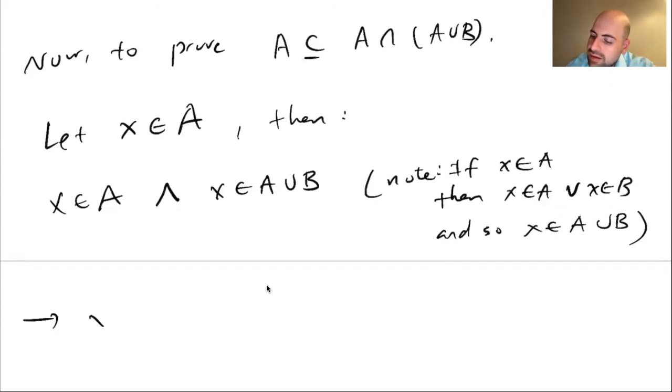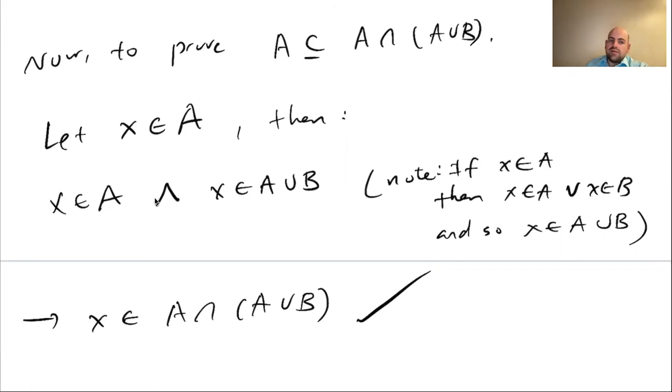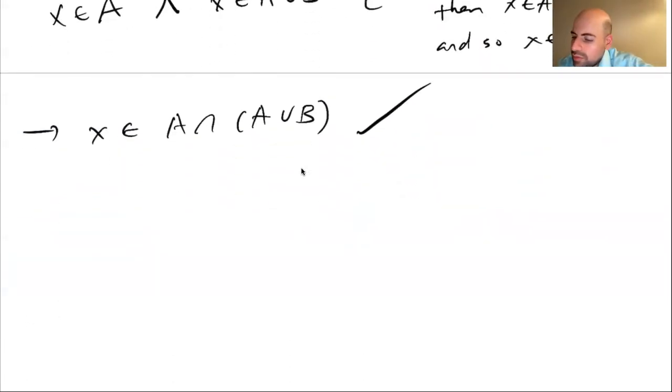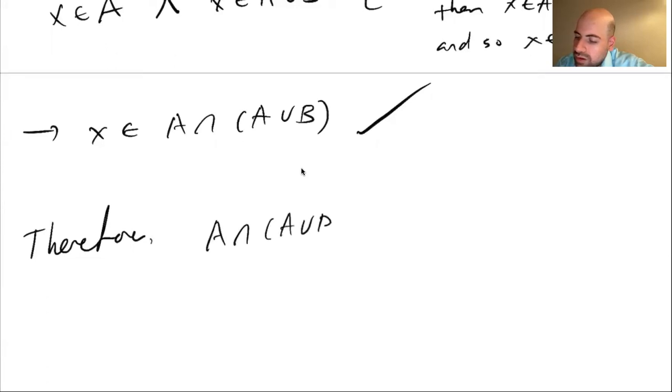And then that means X belongs to A intersection (A union B), because if this statement is true, X belongs to the intersection of this set and this set. Well, that's it. Therefore, A intersection (A union B) equals A.